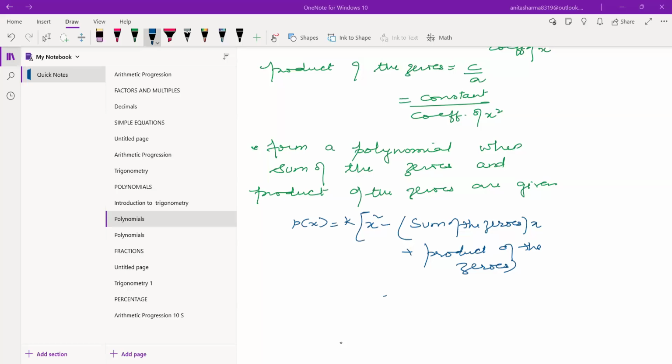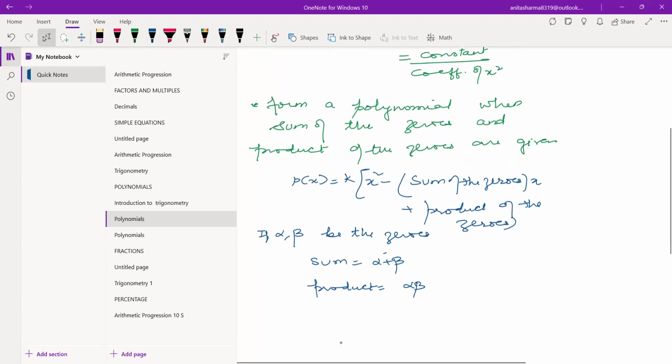Am I audible, children? Yes, ma'am. Okay. Now see, x square, and if alpha and beta be the zeros, then the sum will be equal to alpha plus beta, and the product will be alpha into beta.